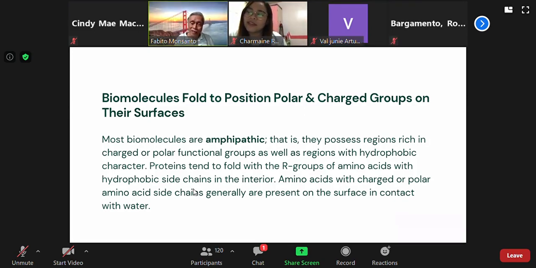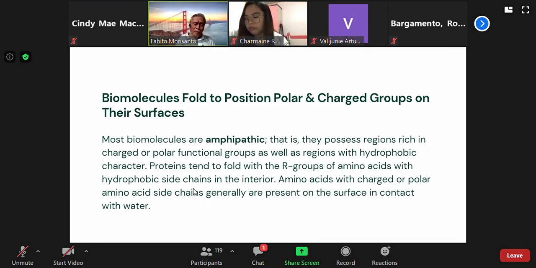The same way, you have hydrophobic materials, you put them in water, hydrophobic materials do not like water. So as much as possible, they cling to each other. They hug each other so that no water molecule can be in between them. Proteins tend to fold with the R groups of amino acids with hydrophobic side chains in the interior.